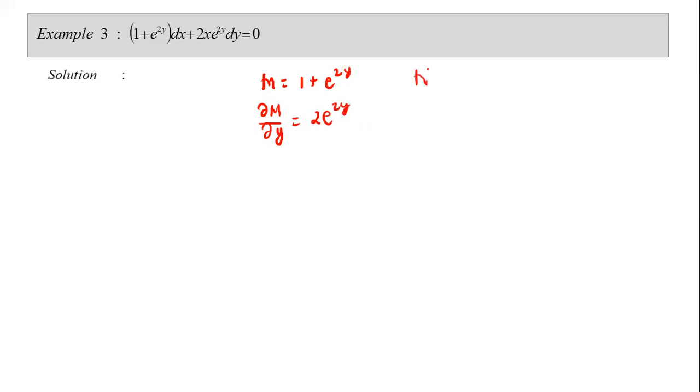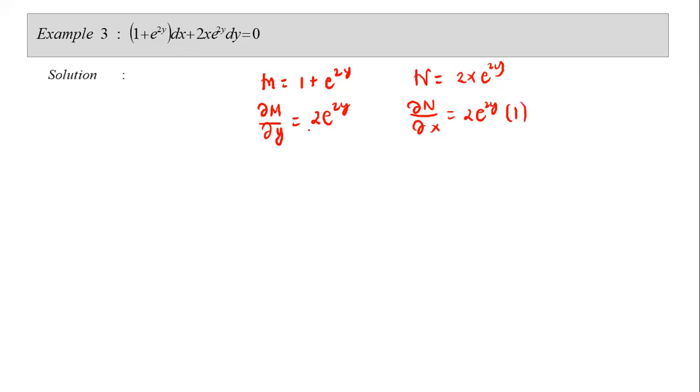And then N is equal to 2x e to the 2y, and then we shall differentiate this partially with respect to x. So 2e to the 2y is constant, so 2e to the 2y, and derivative of x is 1.